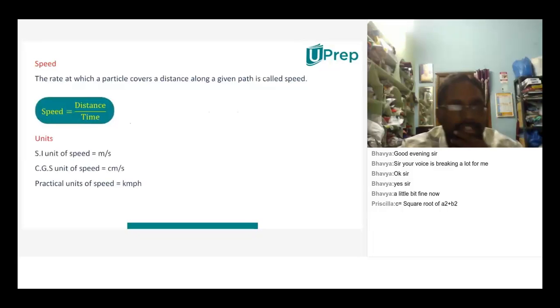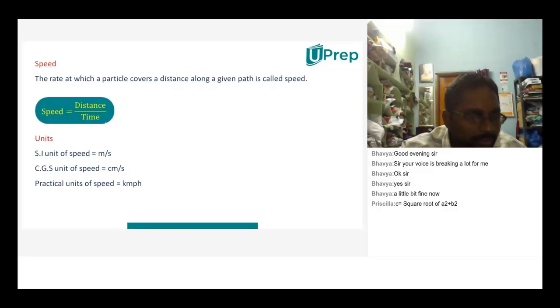Now, let us learn about what is speed. To understand speed, see here: the rate at which a particle covers a distance along a given path is called speed. Generally you can say the distance traveled by an object in a unit time is also called speed. Speed will be given by one equation, which is nothing but distance by time.